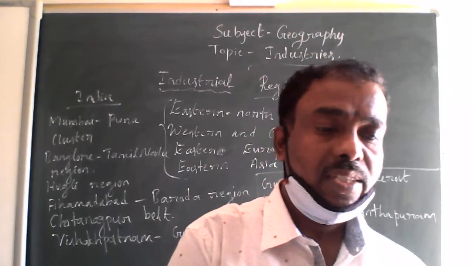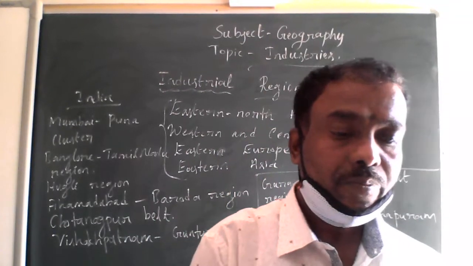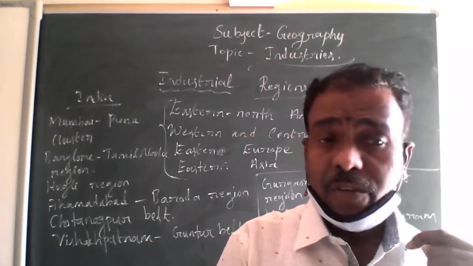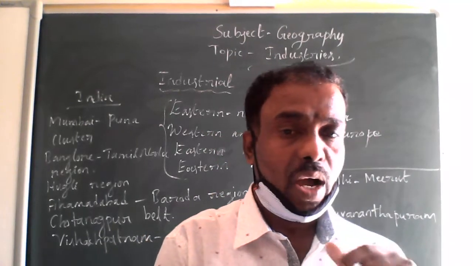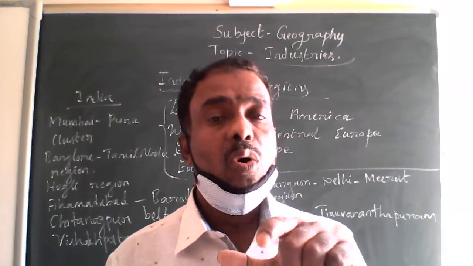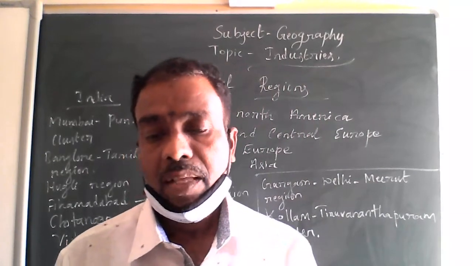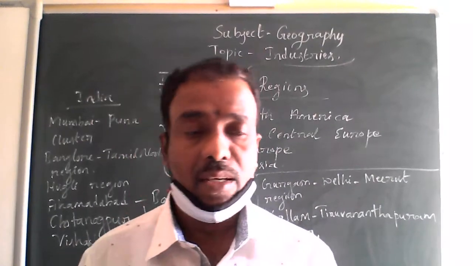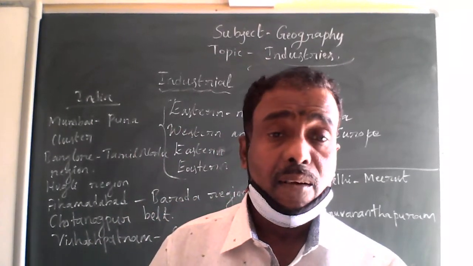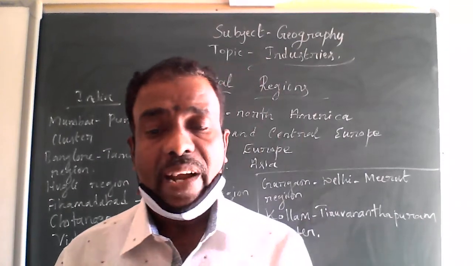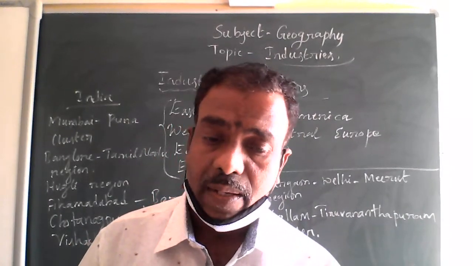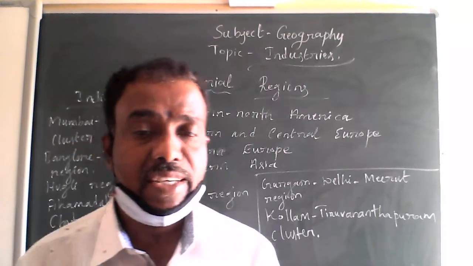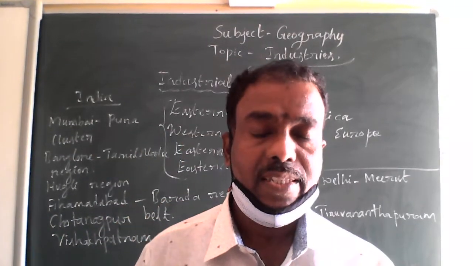Getting, students? See, like this, if you study, I request all of you to go through the world's industrial regions map. That is in this chapter, figure 5.4, which shows in different colors the world industrial belts and industrial regions.